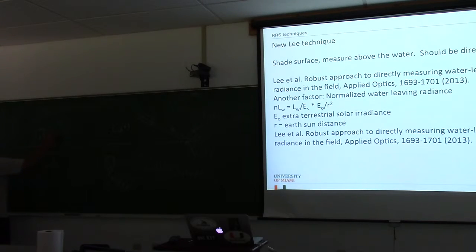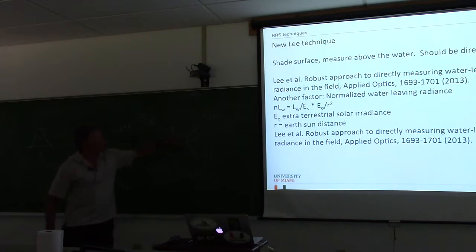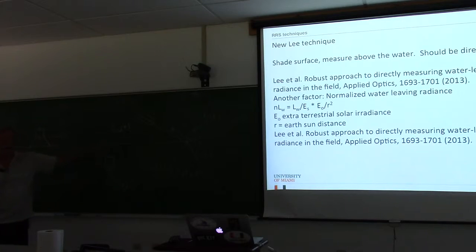So he's measuring Lw plus without any kind of sky influence on the measurement. And this shield goes down into the water, so it has a nice surface that it's looking through. That's one way to do it where you don't have to worry about this sky contribution, and you don't have to worry about these factors that transmit through the surface.